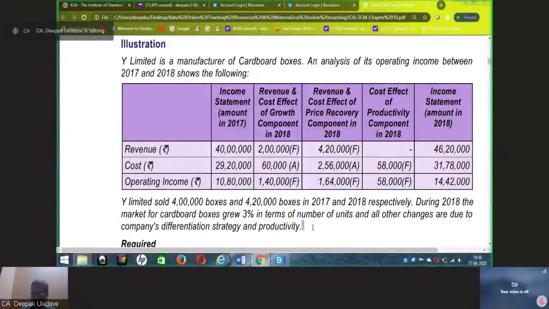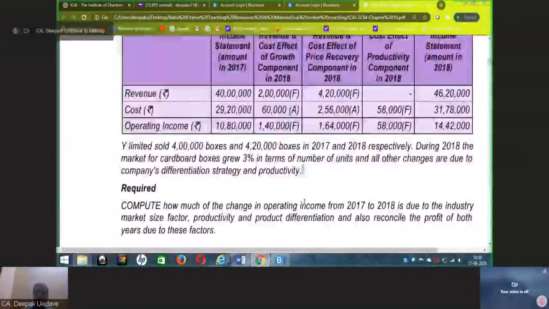The question says: required, compute how much of the change in operating income. We are on the chapter strategic analysis of operating income. So obviously you are asked to analyze the change in operating income from 2017 to 2018 due to one, industry market size.